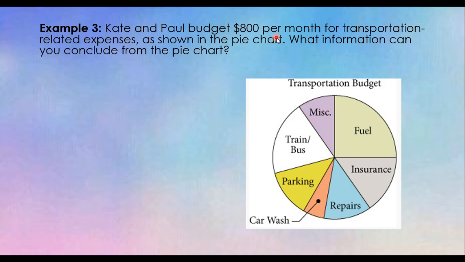What can you conclude from looking at this pie chart here? Take a minute, pause the video, perhaps think about what you can conclude, what you can infer based on an $800 transportation budget where they have fuel, insurance, repairs, car wash, parking, train, bus, and miscellaneous.